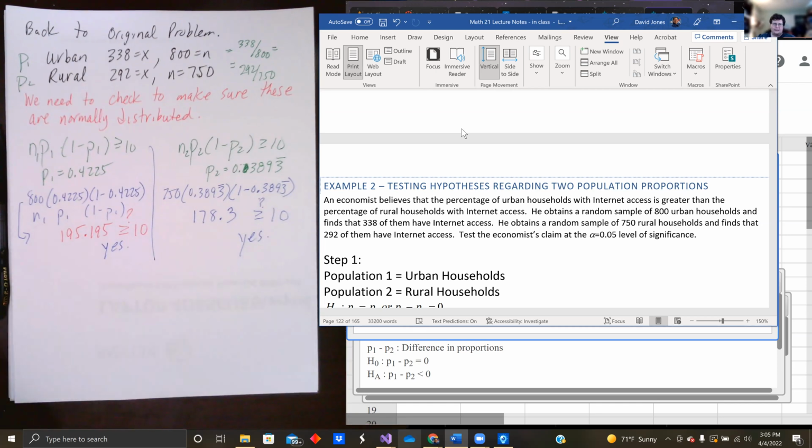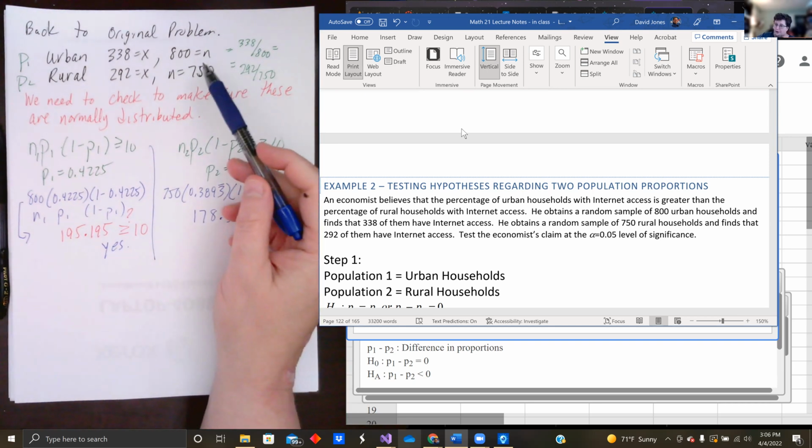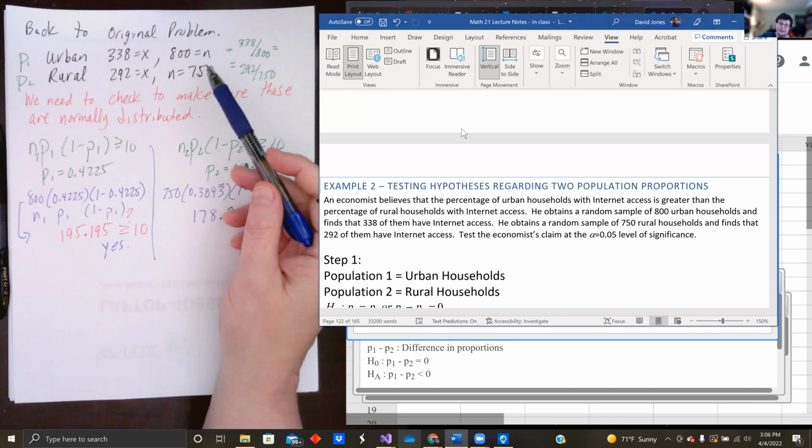And then finally, is the sample size less than 5% of the population? Well, I have to assume there's more than 800 urban homes. I know there is in Tulare alone. There's a lot more than 800. Let's say this is in Fresno or Visalia.